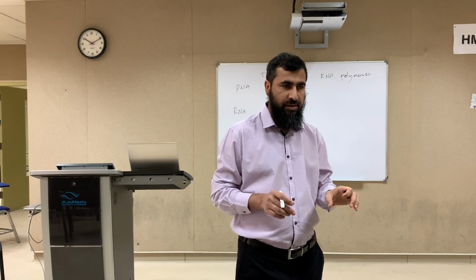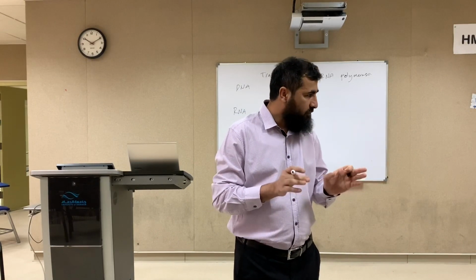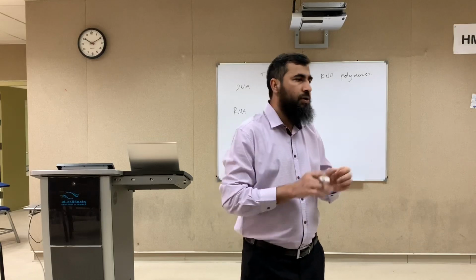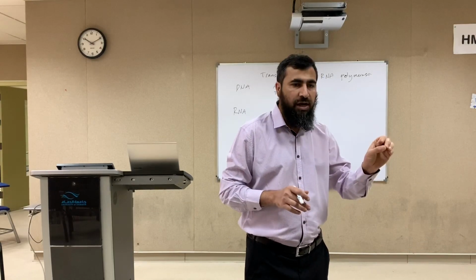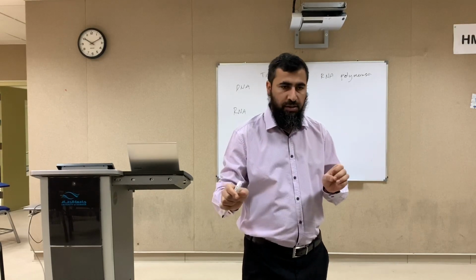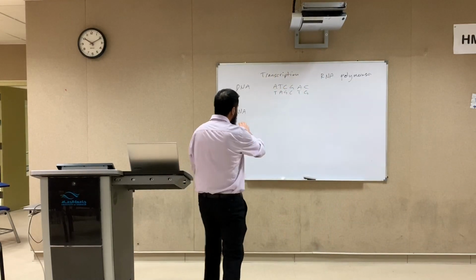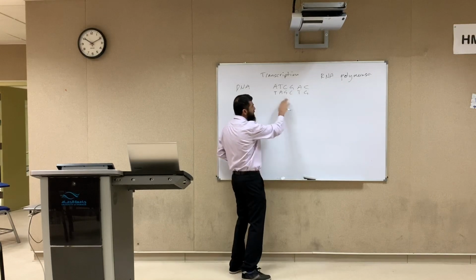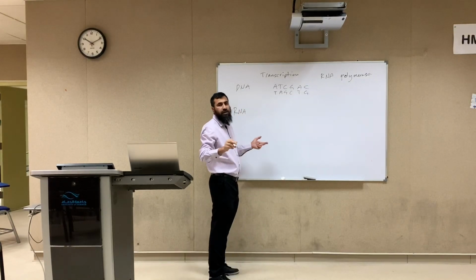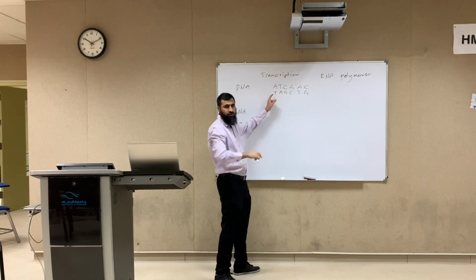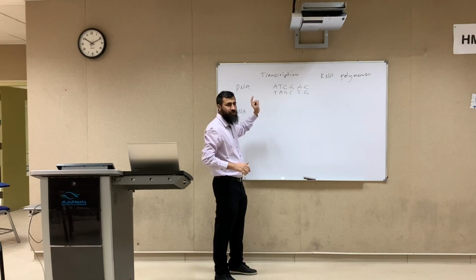Unique sequences on every gene point to where the transcription needs to start and where it needs to stop, okay? So a gene has a particular structure. If we assume this is a gene, the genes are not that short, they're much longer than that.